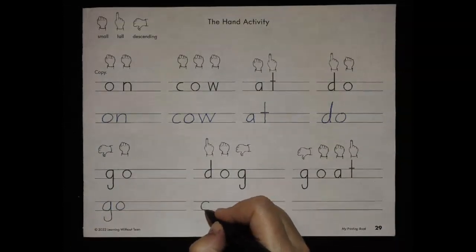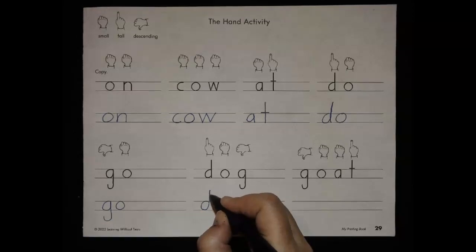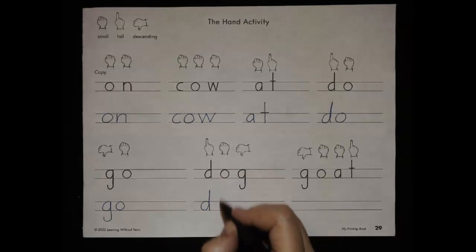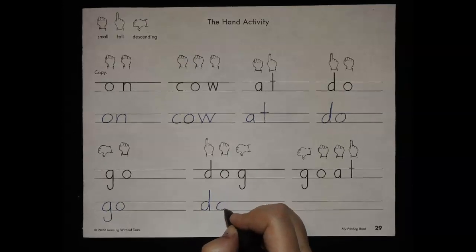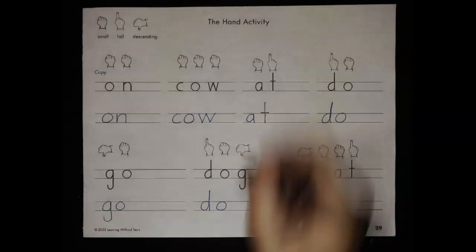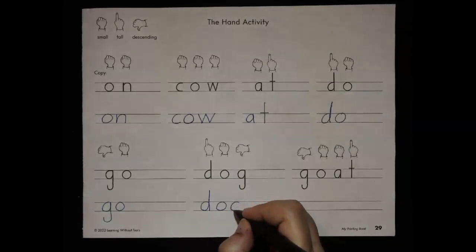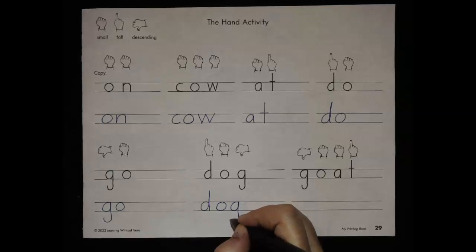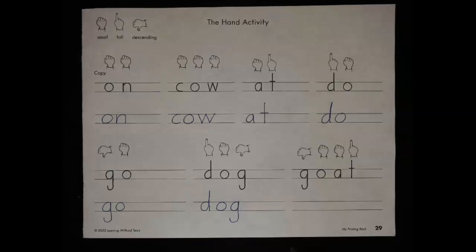Start with your C. Bump way up to the top. Bump back down. O is our small letter. Keep it in those lower lines. And G, that thumbs down, it goes below. Start with your C. Straight line down and make a tail. Turn up. Dog.